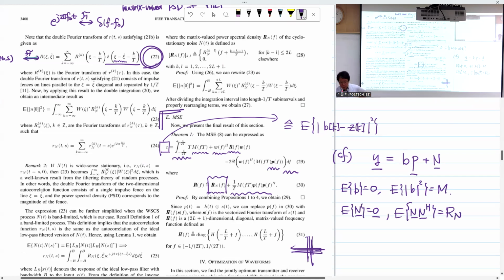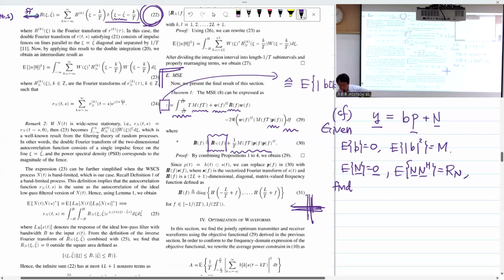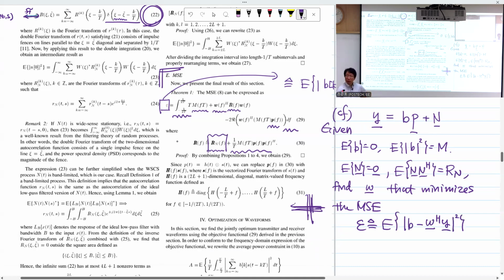Now, given this, the question is to find W that minimizes the mean squared error defined as the expectation of B minus W Hermitian transpose Y, modulus squared. Got it?